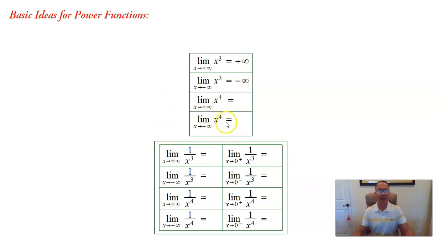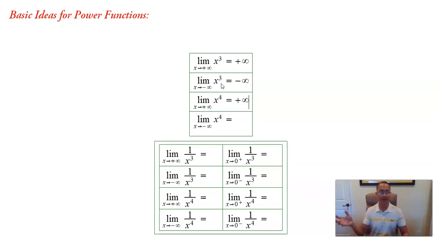Is x to the fourth going to give us the same answers? Well, 1 million to the fourth power is also extremely large, so that will also go to plus infinity. But negative 1 million to the fourth power, now that's where the difference is. For the cubed, you multiply negative 1 million to itself, I guess 3 times.